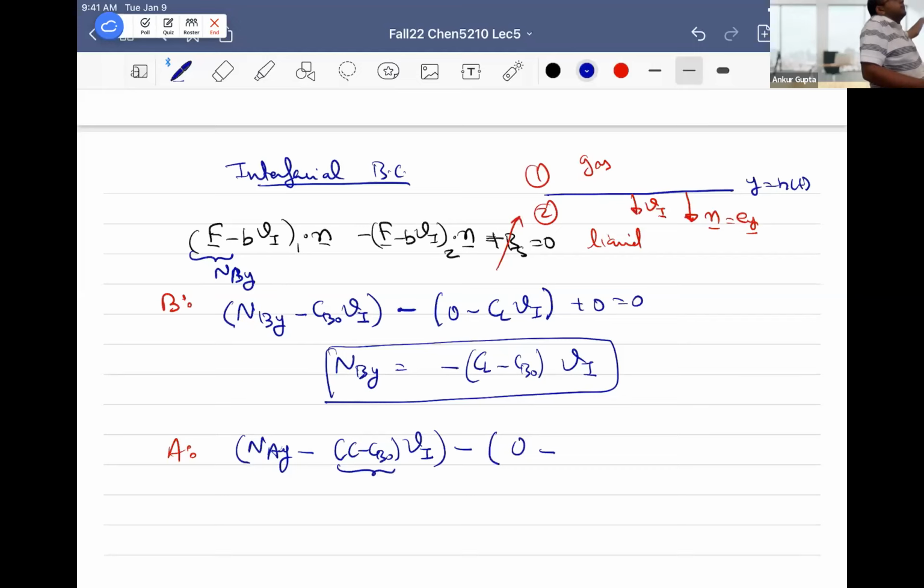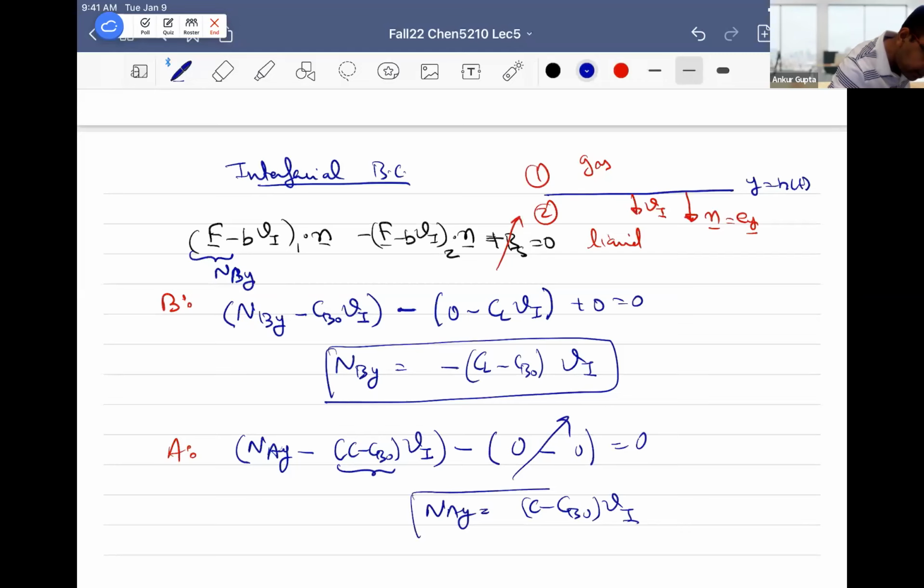So even if there is a velocity, the concentration of A also goes to 0. And note that this is actually positive, because B is going upwards and A is going down. So the maximum concentration of A is actually at the top. Okay, so next part, we already have N_AY and N_BY.